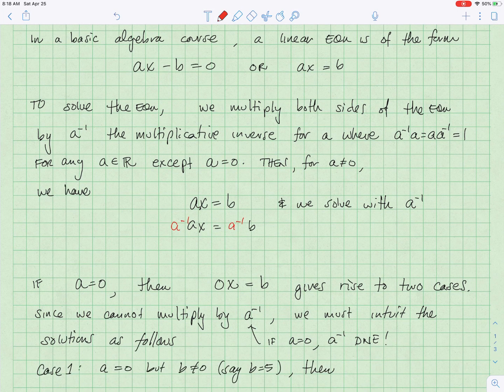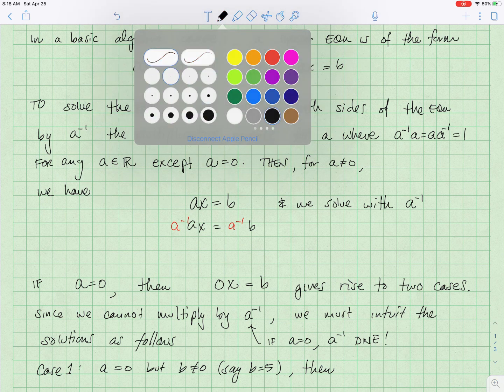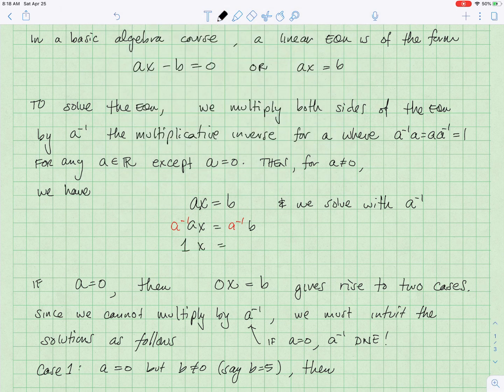And because A times A inverse is equal to 1, we get 1 times x is equal to A inverse times b, or x is equal to A inverse times b, and there is, in this case, one unique solution.